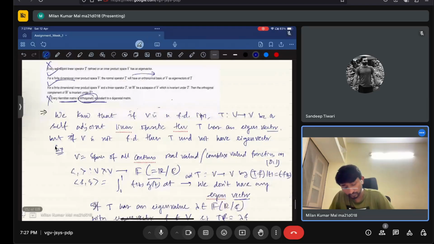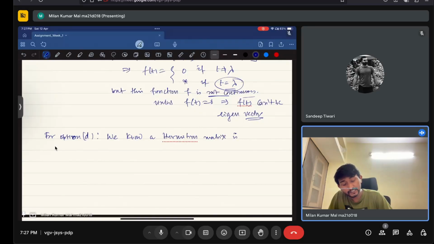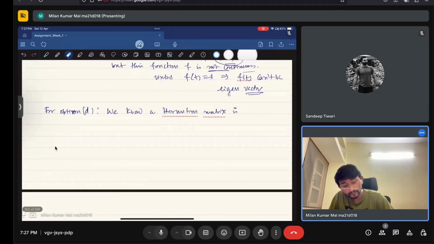For option B, we know a Hermitian matrix is unitarily diagonalizable.